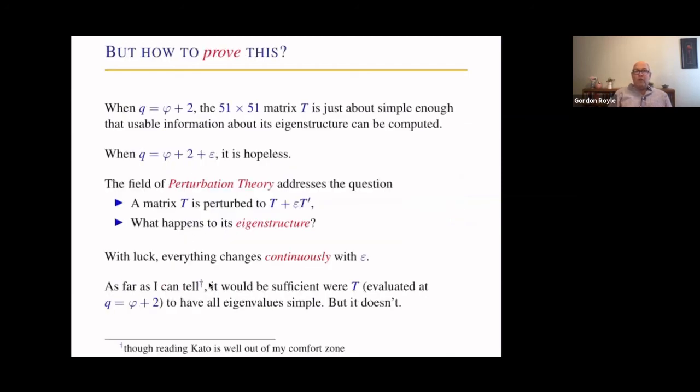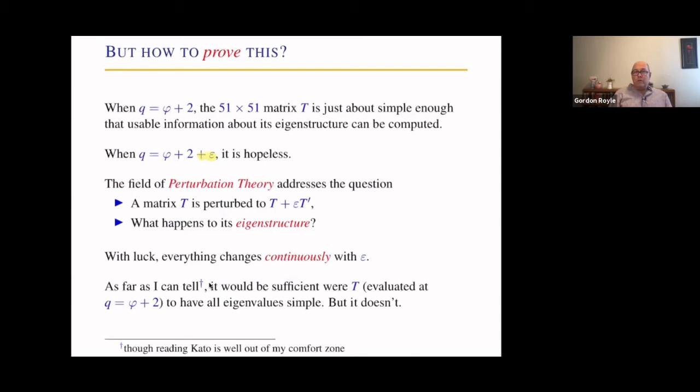So when you take Q to be 5+√2 exactly, things simplify a lot. You can work with the matrix, you can work out its eigenstructure and so on. When you try to add a little bit, like mimicking what I did before with the roots at Q equals 4, then you just can't do anything.